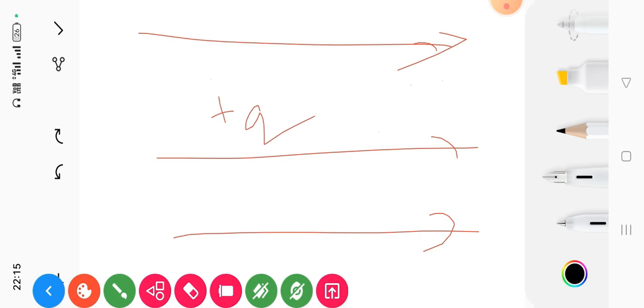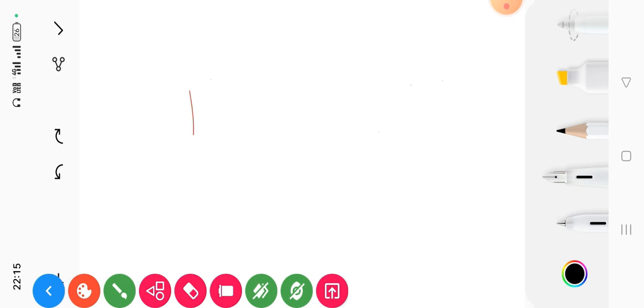Let's not include mathematics here, not the formula, just have an intuition. Okay, so you see this electric field, what is the direction of the electric field? A positive charge will have an electric field in the outward direction. This is the convention we are following.